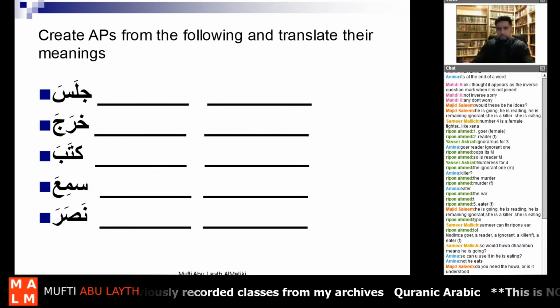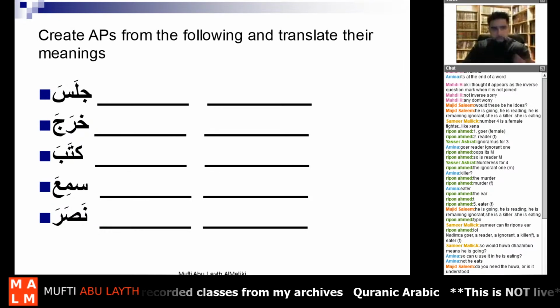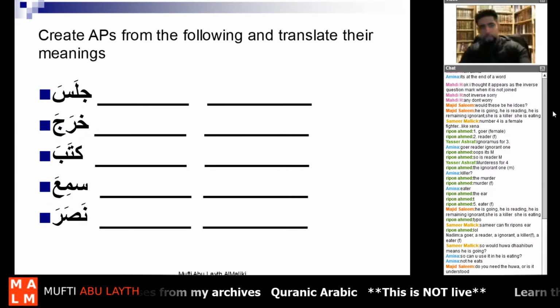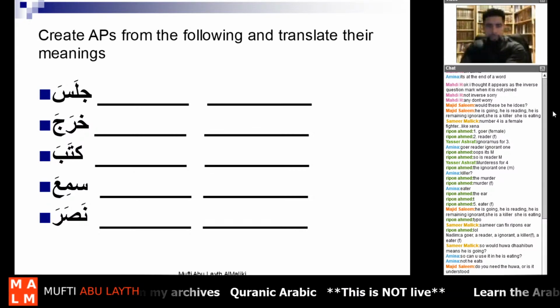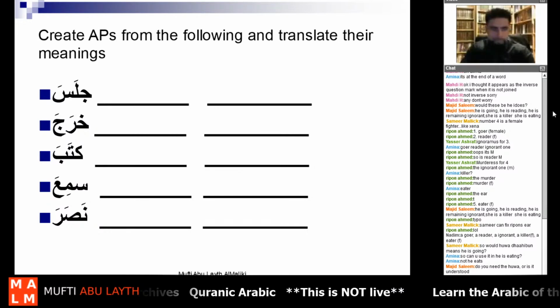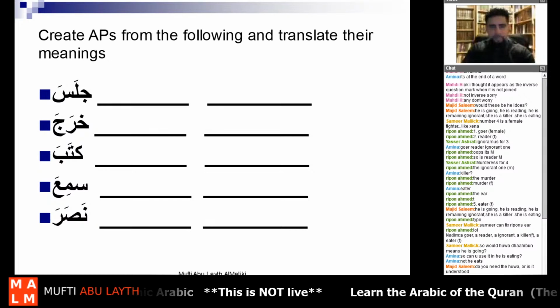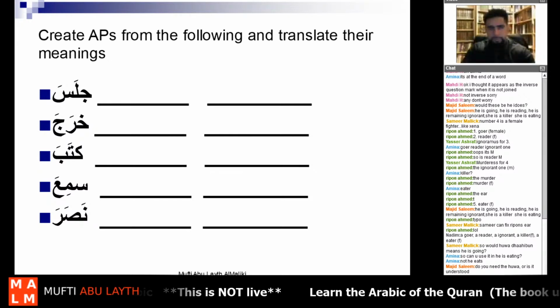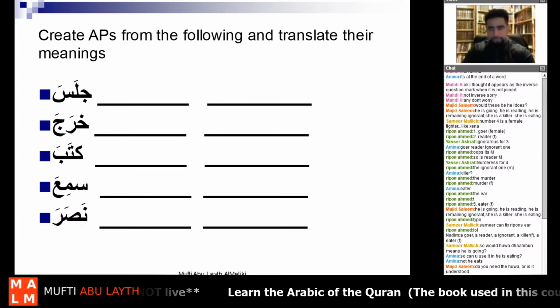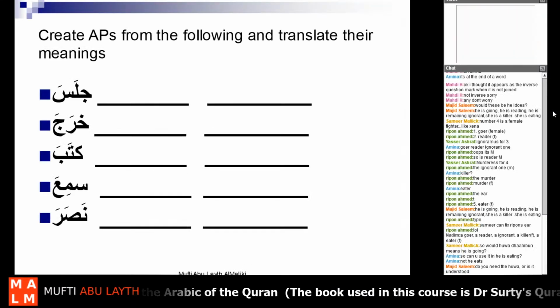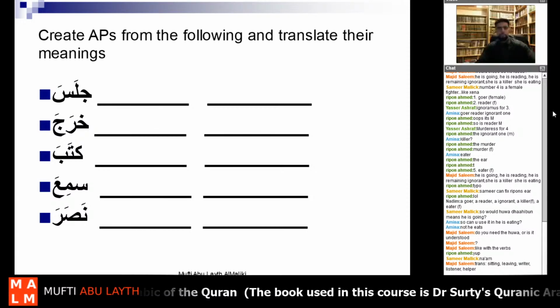So if you extract the active participle from these, let's take maybe 3 minutes to do that. Excellent. Right, so you've done that.